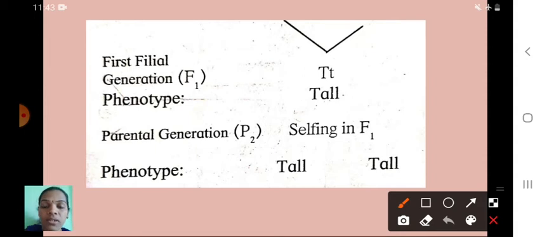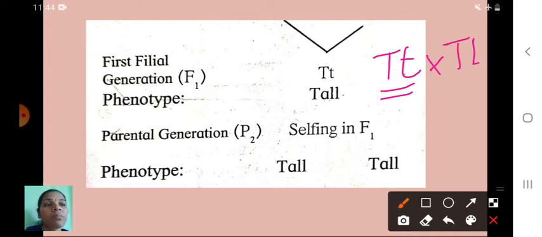After the first generation, Mendel did a self cross of the first filial generation. That means again these plants were crossed with plants of the same genotype.